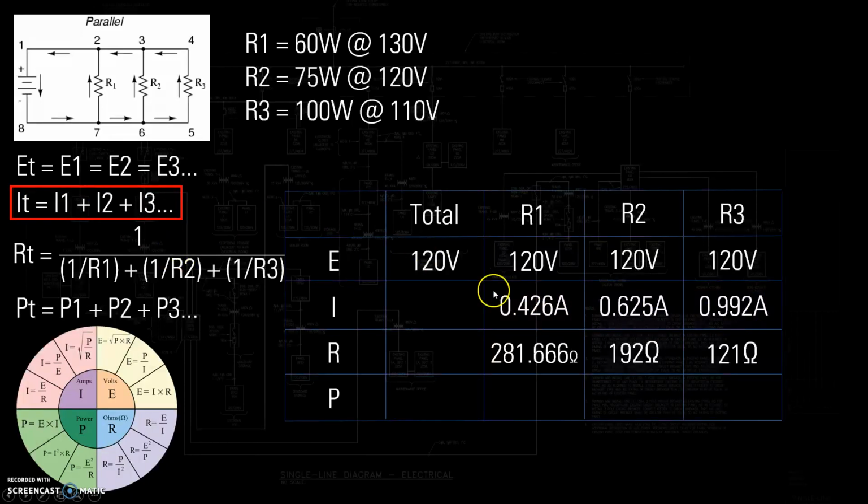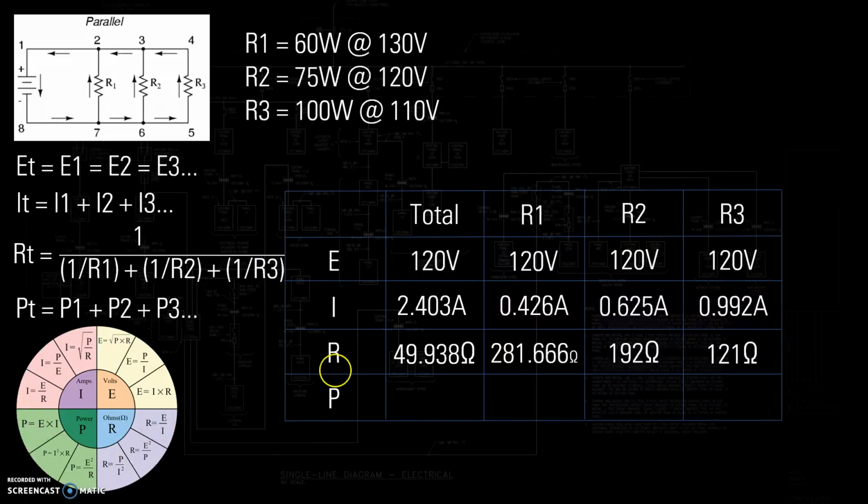I total equals I1 plus I2 plus I3. Work that out, you get 2.403 amps. Now we can find R total by simply using Ohm's law. We're looking for R, we have E and I. Do that math, you get 49.938.